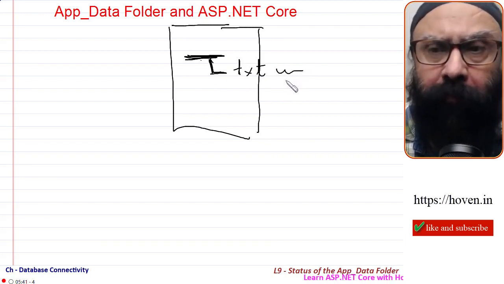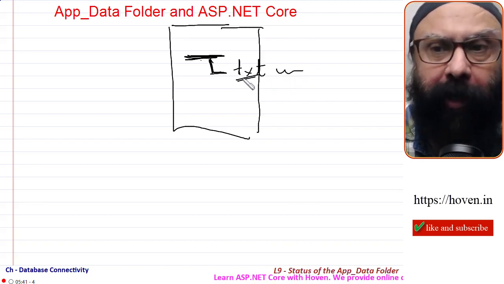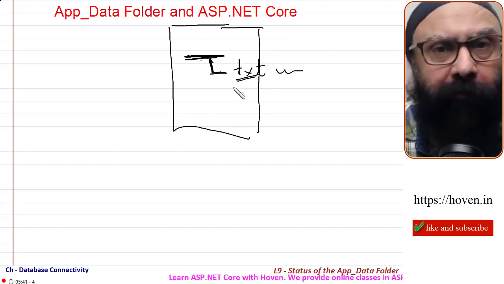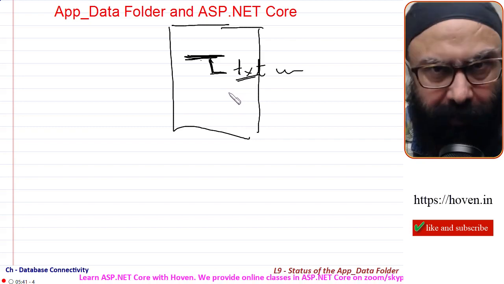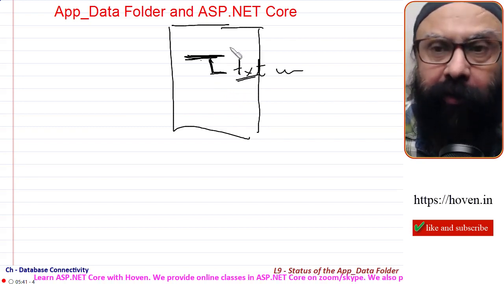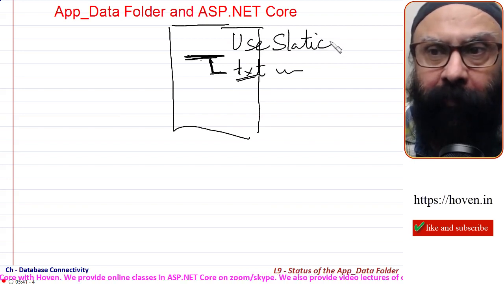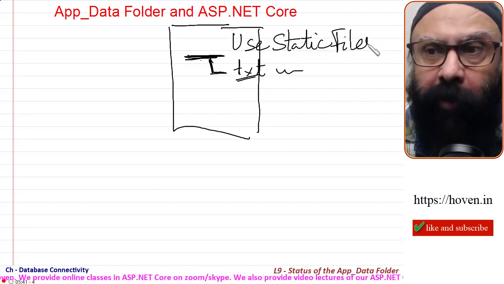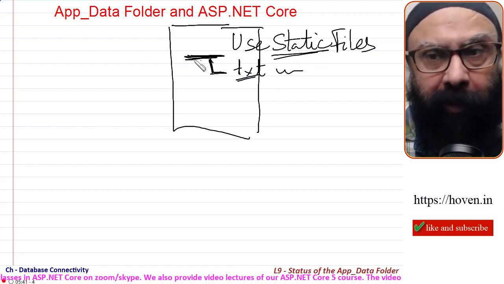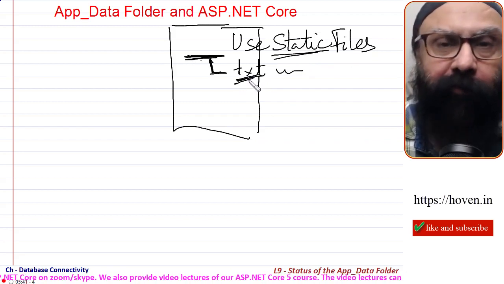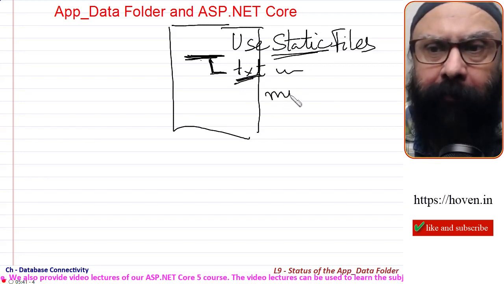I will show you how the text contained in this file can be read from within the application, but it cannot be read from outside. Why? Because we will not be using the use static files middleware. Had we used it and specified this directory, then it would have been accessible from outside. Of course, the MIME type must have been added.